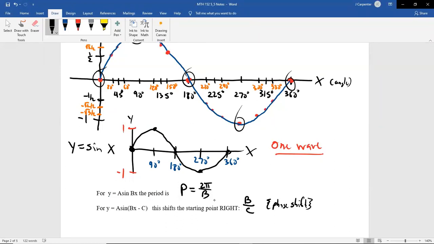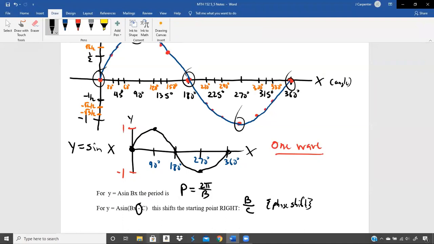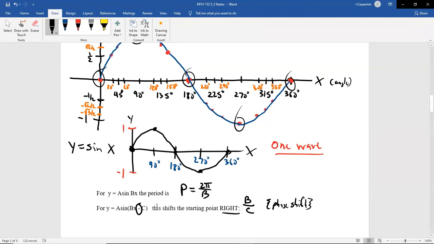So if you remember transformations back in pre-calc 1, which if you had me, I told you in that class, it doesn't go away. This is it not going away, it's coming back. The shifts are the opposite sign as to what you see. So minuses are pluses, pluses are minuses for horizontal shifts. So this minus, a lot of people will think it makes it move left, but it actually makes it move right.